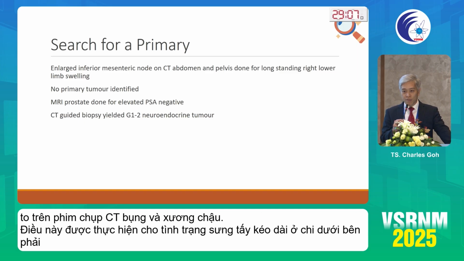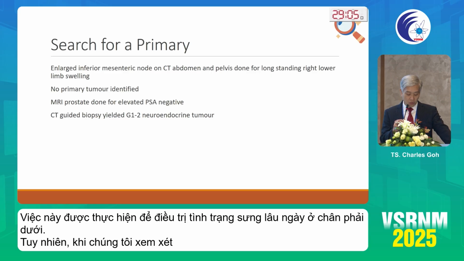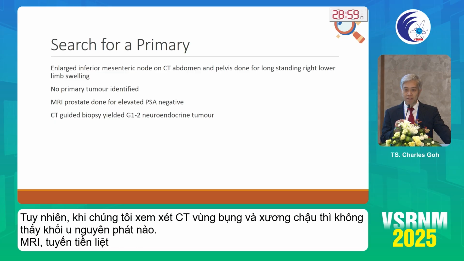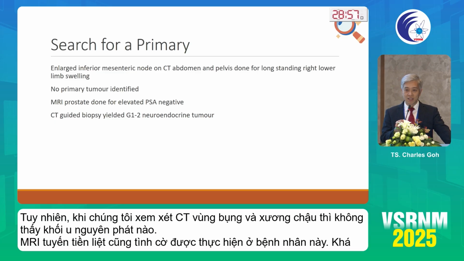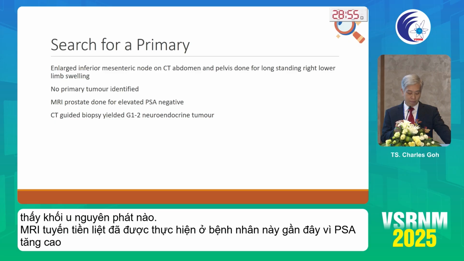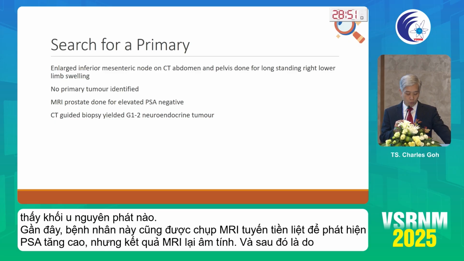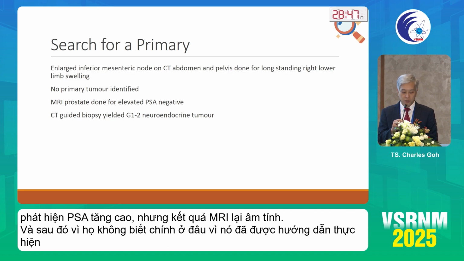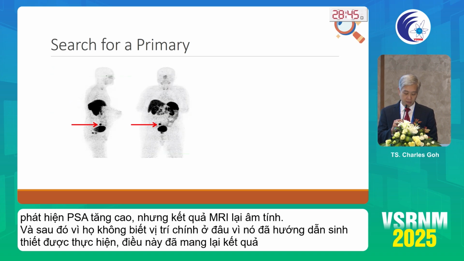However, when we reviewed the CT abdomen and pelvis, there was no primary tumor seen. An MRI prostate happened to be done in this patient quite recently for elevated PSA, but the MRI prostate was negative. Subsequently, because they didn't know where the primary was, a CT-guided biopsy was done, which yielded a grade 1 to 2 neuroendocrine tumor.